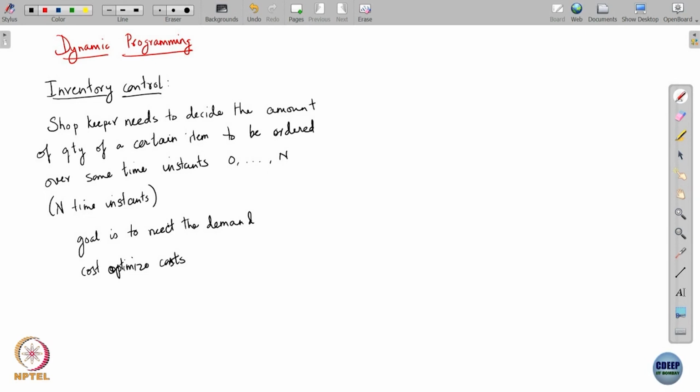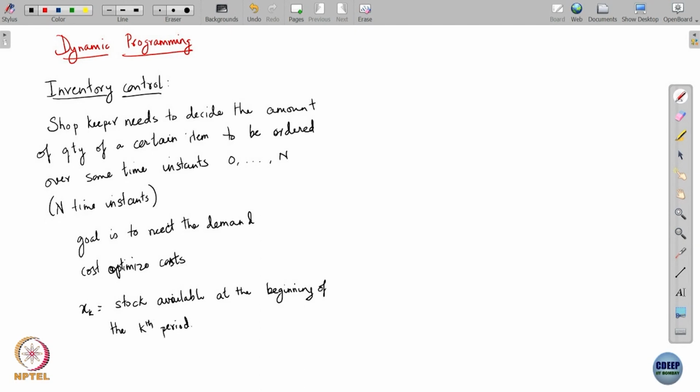Okay. So, to formulate this problem, let xk denote the stock available at the beginning of the kth period. Okay.